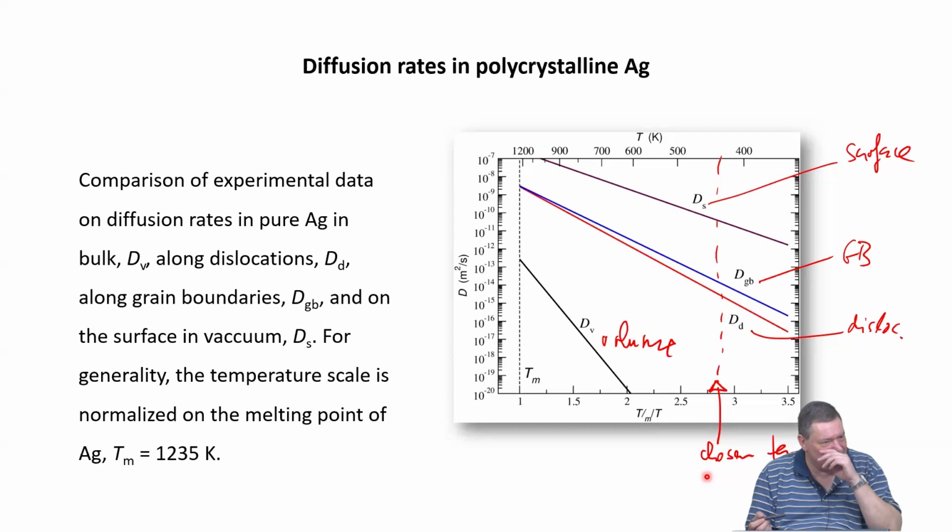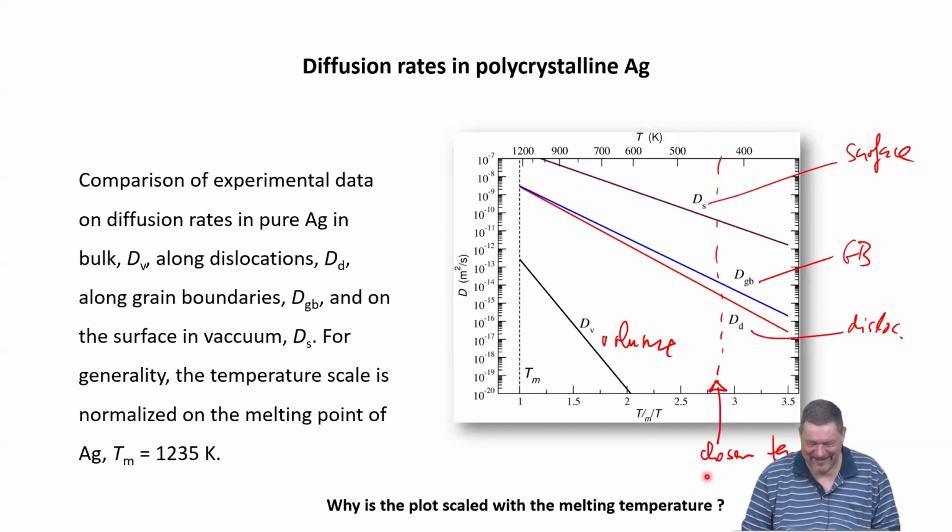Like here the axis is Tm by T. In previous cases we took 1 by T. Yes, good question. I give the question back to you. Why is that? To find a homologous temperature. Yes, maybe you can explain to your colleague why is that important.